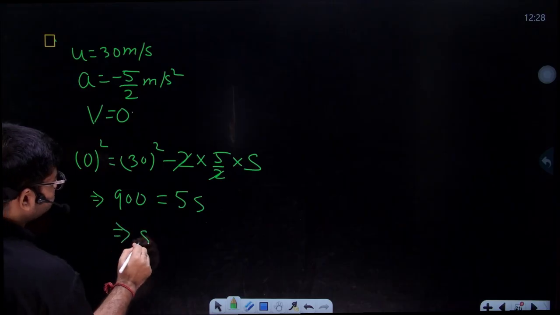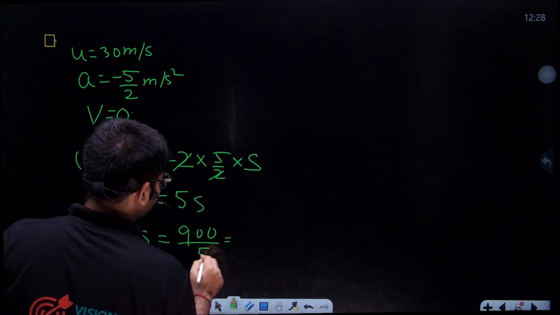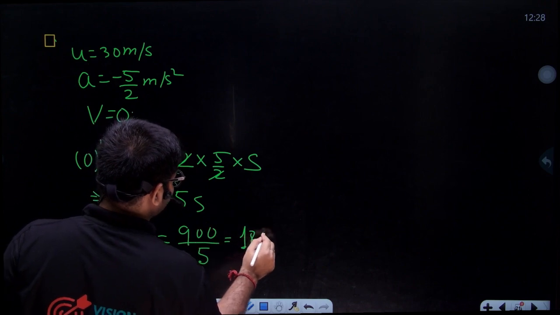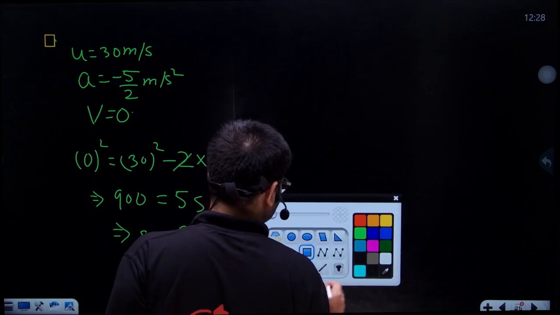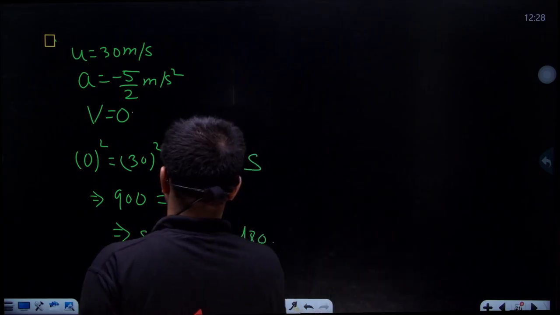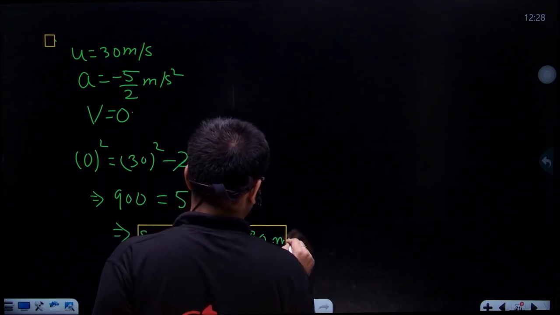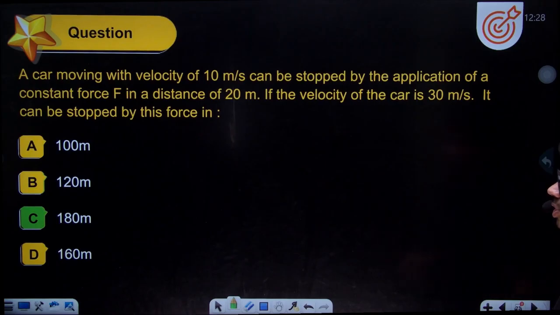So s will be 900 by 5, so you will get 180 meter. Finally the car is going to stop at 180 meter. So it is option C.